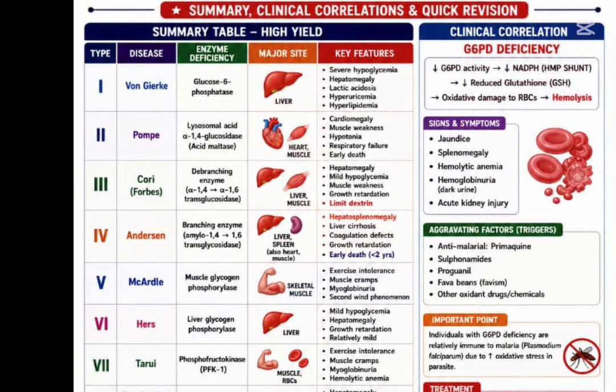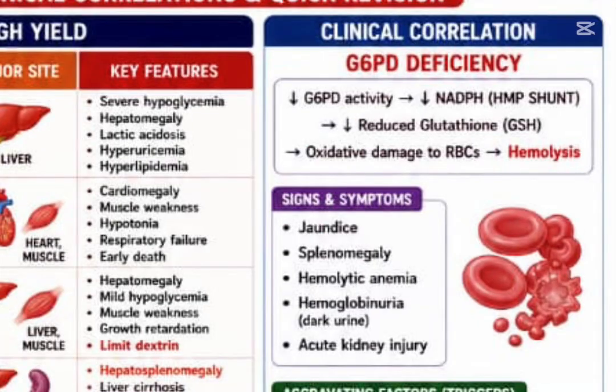Now to round it up, in the clinical correlation here, we have what we call G6PD deficiency. In G6PD deficiency, there's a reduction in G6PD, glucose-6-phosphate dehydrogenase, causing a decrease in NADPH formation.